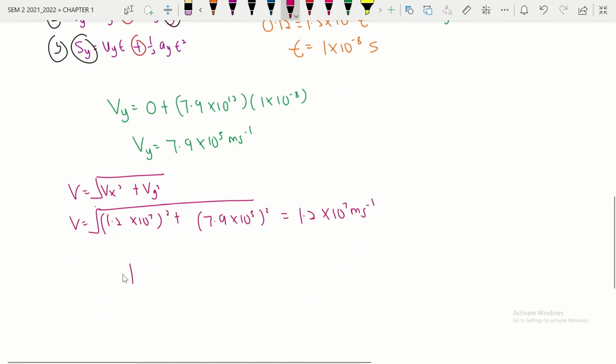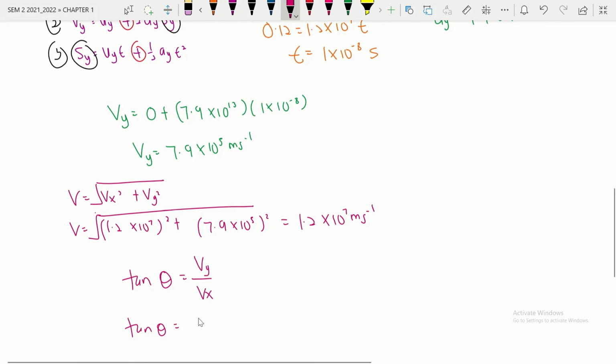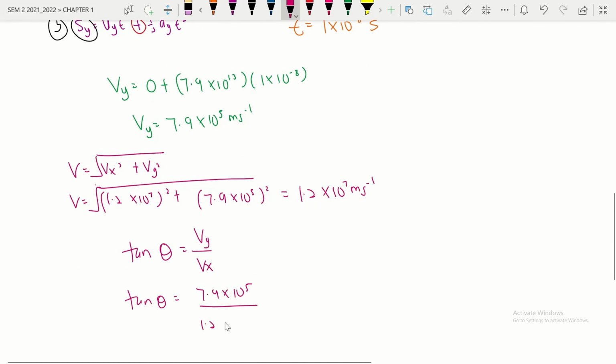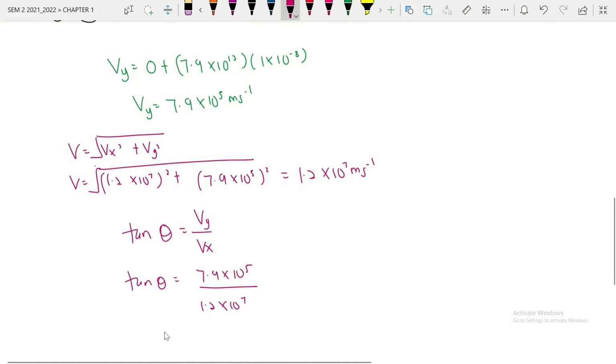So for the direction, I tahu I kena pakai formula tangent theta equals to Vy over Vx. So my Vy is 7.9 times 10 to the power of 5 and my Vx is 1.2 times 10 to the power of 7. So shift tangent, you will get your angle 3.77 degree.